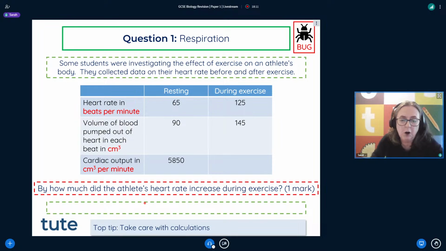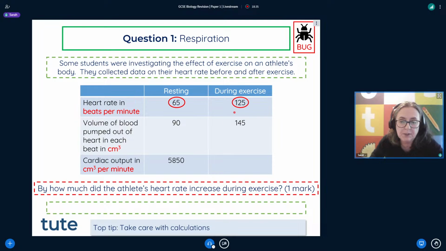So the question now is, by how much did the athlete's heart rate increase during exercise? And there's 1 mark available for this. So this is a straightforward calculation that you need to do. Again, you need to go to your table and identify the variables that you're interested in, which are the heart rate when you're resting compared to the heart rate during exercise.